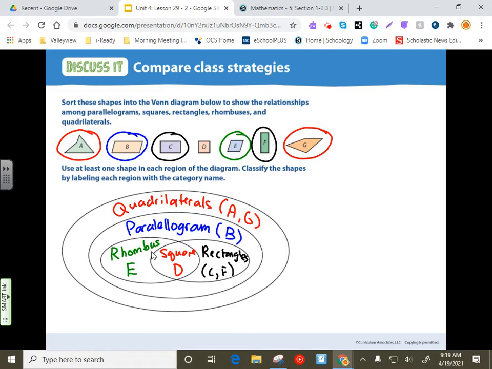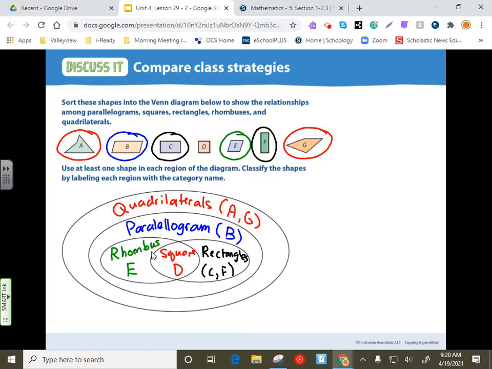So you can see how with this Venn diagram, they're all quadrilaterals. Every shape up there is a quadrilateral. Well, A and G are, but technically all of them are, but A and G are just quadrilaterals. Parallelogram B is a quadrilateral, but also has parallel sides.